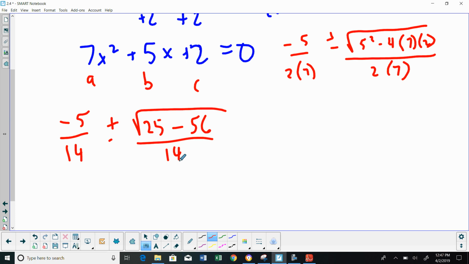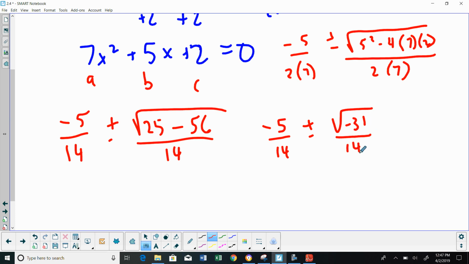And if I do 25 minus 56, I am getting -31. So I'm getting -5 over 14 plus or minus the square root of -31 all over 14.